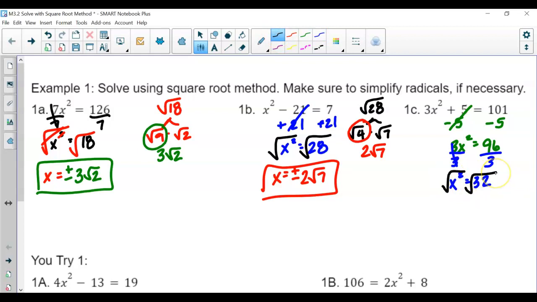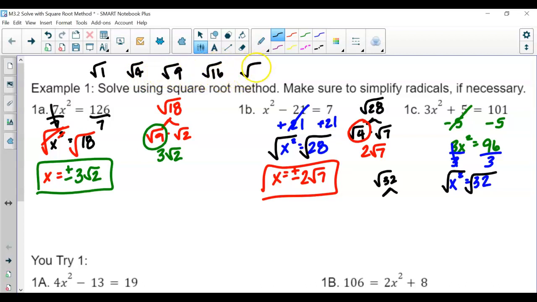So let's see if we can simplify radical 32. Is there a perfect square factor? Yes, but start large. So don't think 4. Remember, go back and create the list if you need to. 1 times 1 is 1. 2 times 2 is 4, which is a factor of 32, but there's something larger. So always start large.